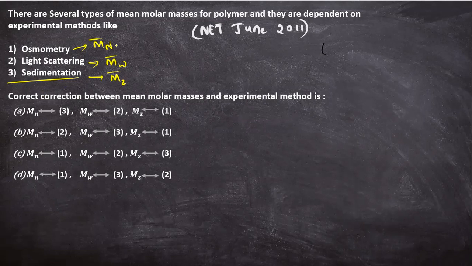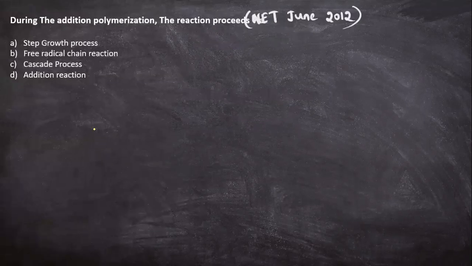Mn is 1, Mw is 2, Mz is 3. Just see the correlation. In C, Mn is 1, Mw is 2, Mz is 3. So option C is correct. This question was asked in NET June 2011. So let's move to the next question now.